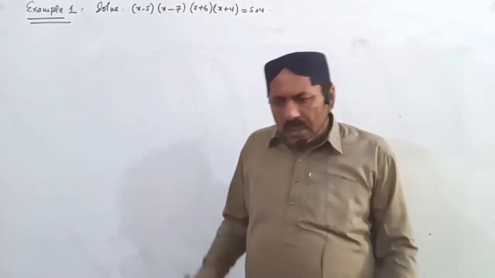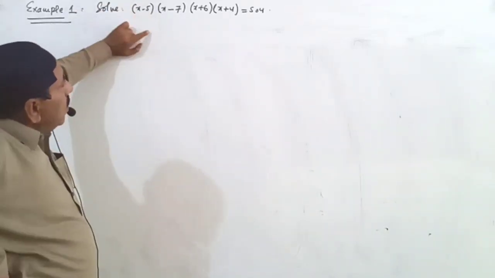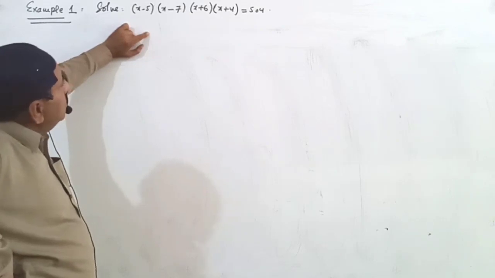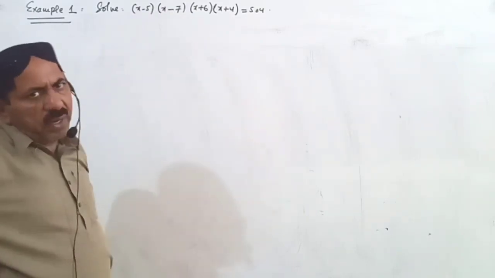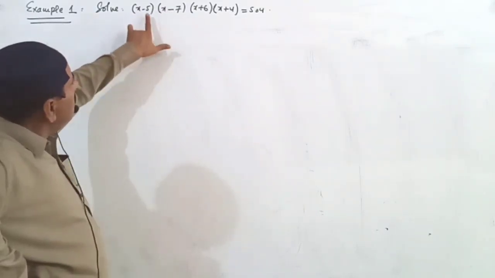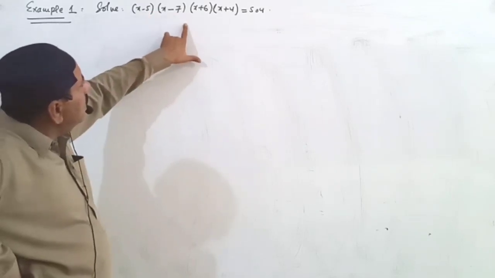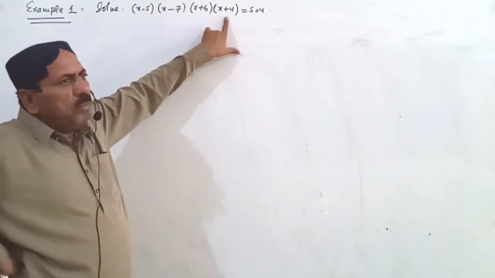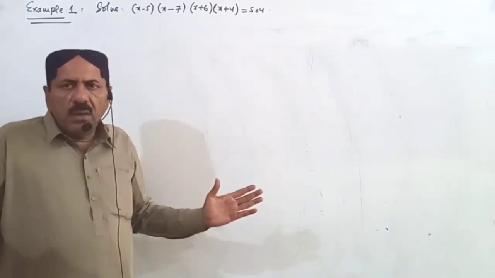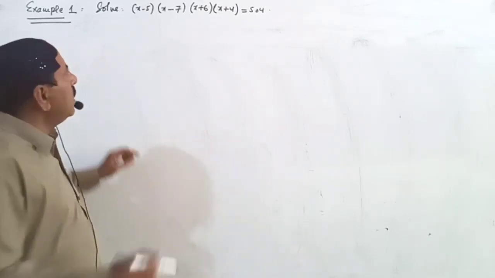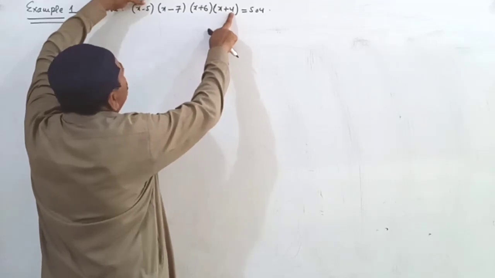So, what is the condition to solve this problem? According to the nature, we will rearrange this equation according to the factors. When we add pairs of values, if the result is the same, we will join those pairs which give the same result, like minus 5 and plus 4.